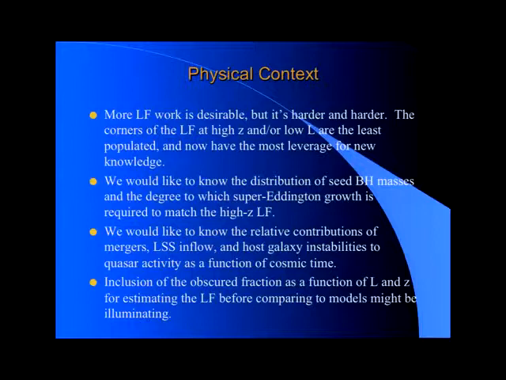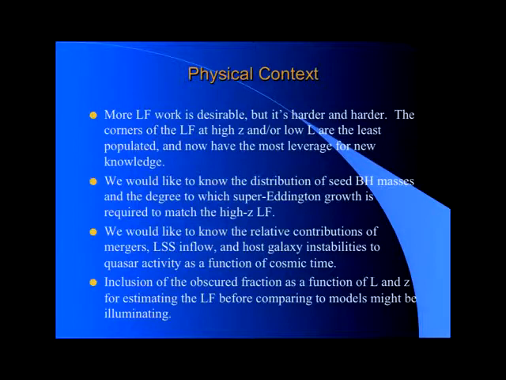If there's this healthy population of high-redshift quasars, you've grown them up from nothing in a very short time, and so we're already getting into trouble with Eddington limits. What is the distribution of seed black hole masses, and can you actually derive that? We'd like to know the relative contribution of major mergers, of cold flow, of local host galaxy instabilities, because that's really telling us about the growth of black holes.